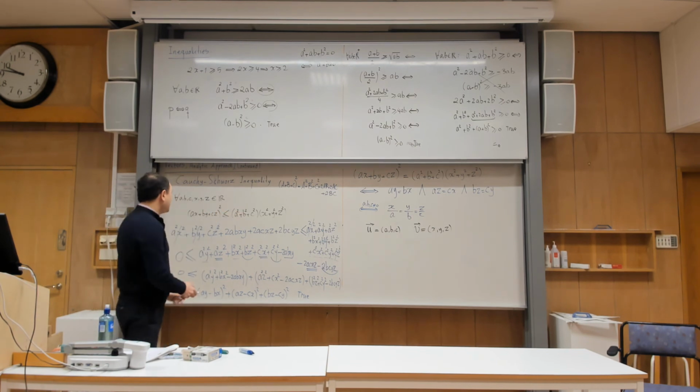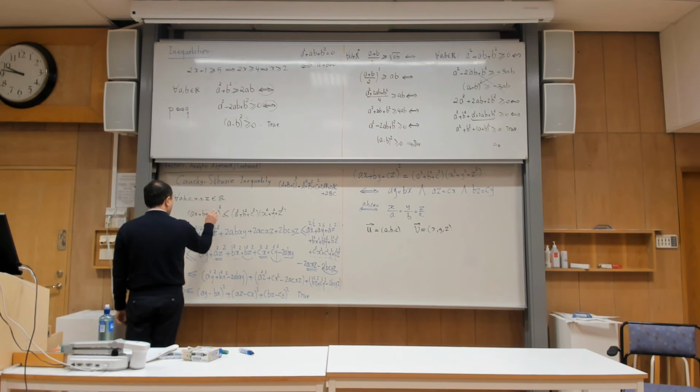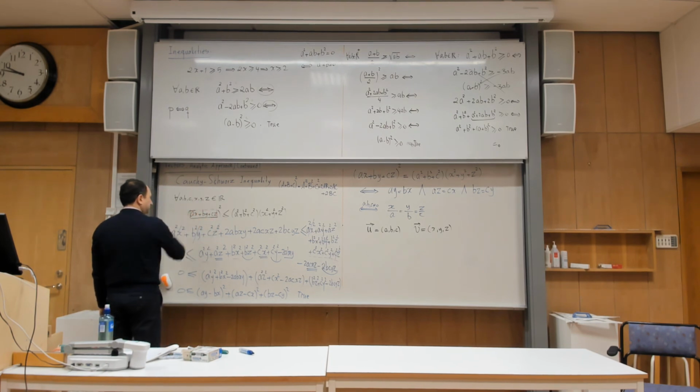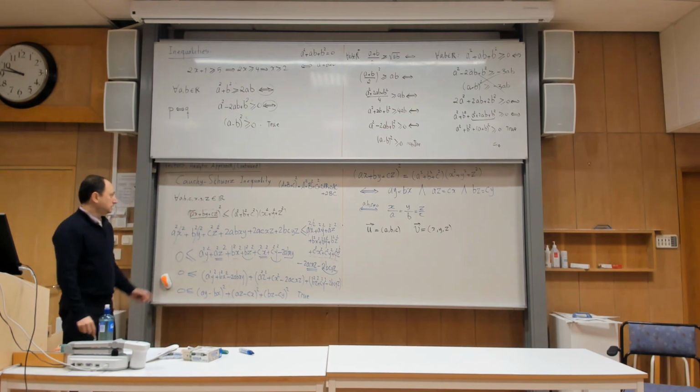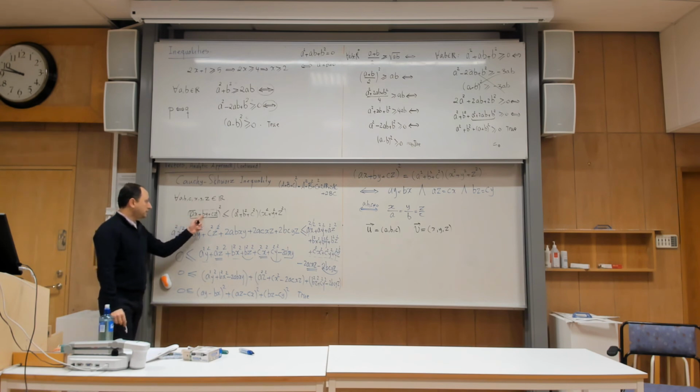Yes? Now, can you tell me what this combination is in terms of vectors? Can you tell me what is the relation of this particular number in this box and U and V? What is this?